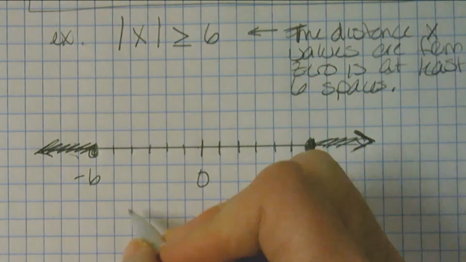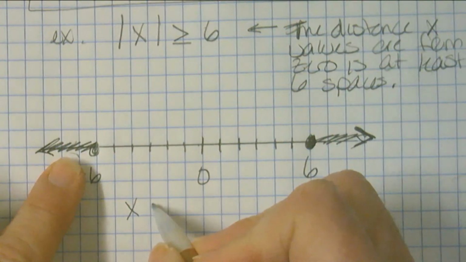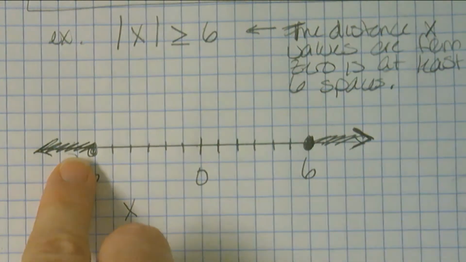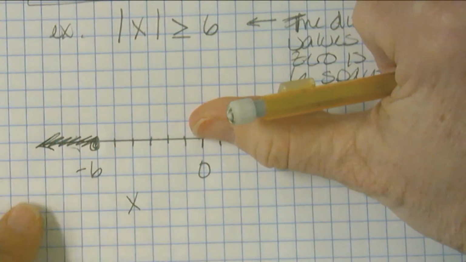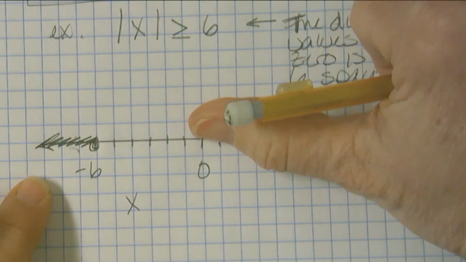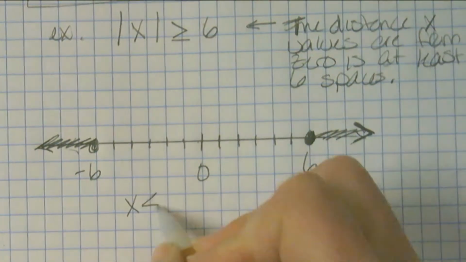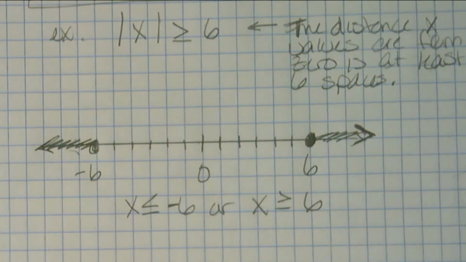Carmen? First of all, let's look at this one first. What are all my x values here? Aren't they less than negative 6? Excellent. How many of you guys see that?